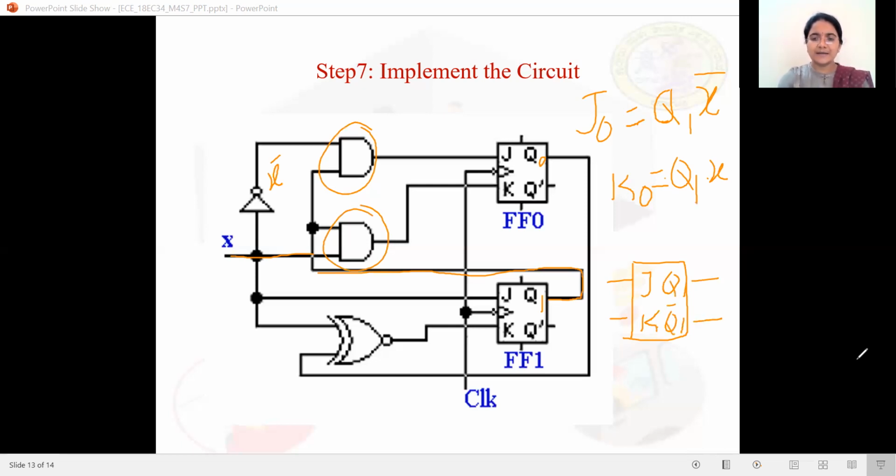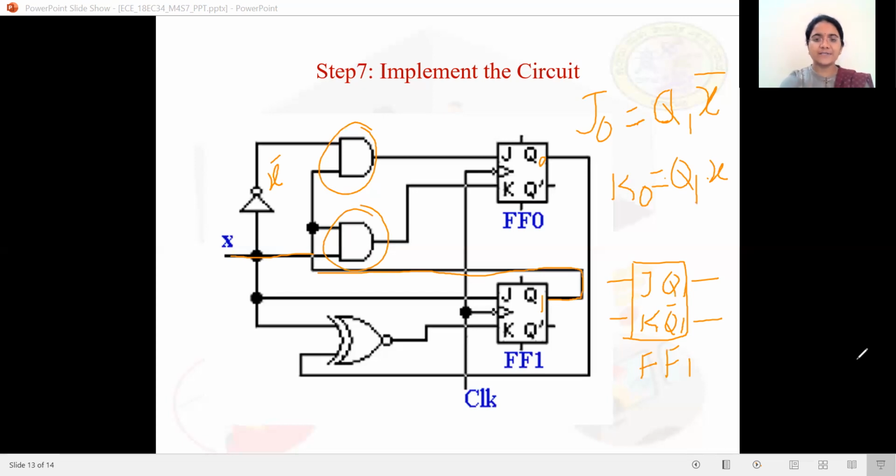This is flip-flop 1, and this is flip-flop 0. Here we have to provide the clock pulses simultaneously because it is a synchronous sequential circuit.